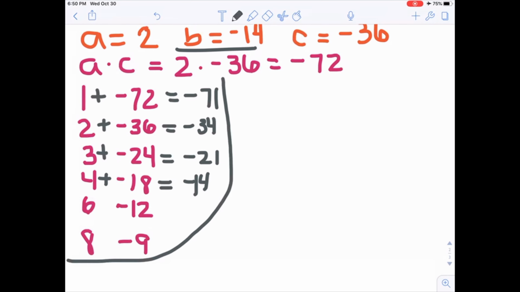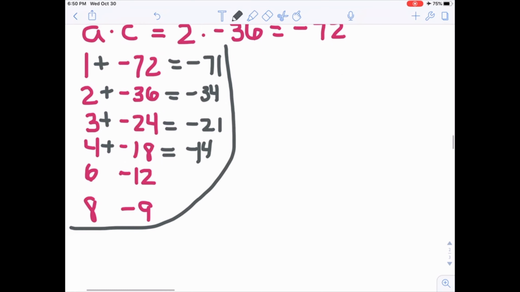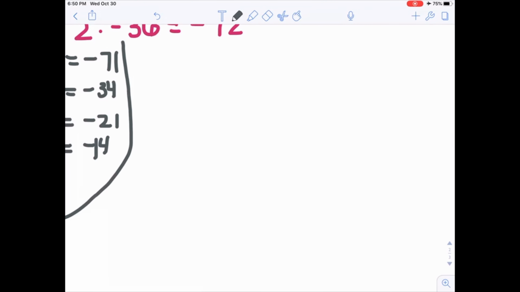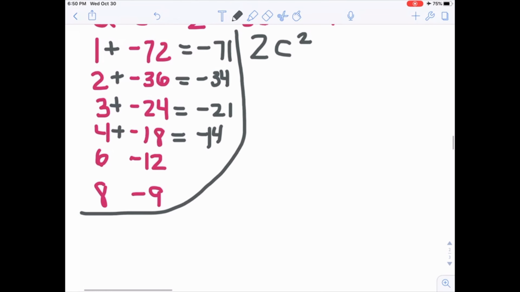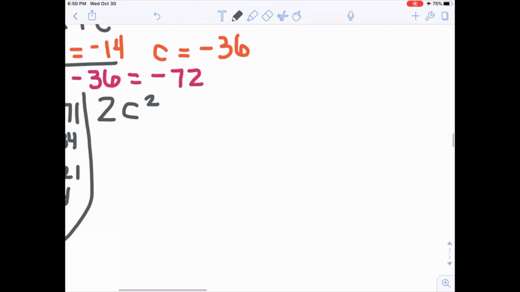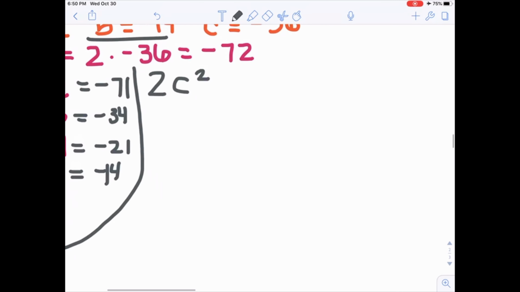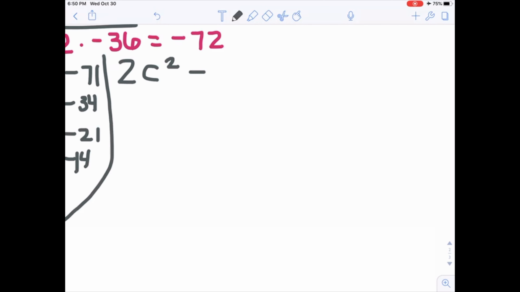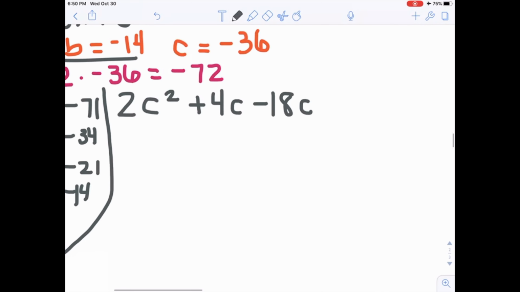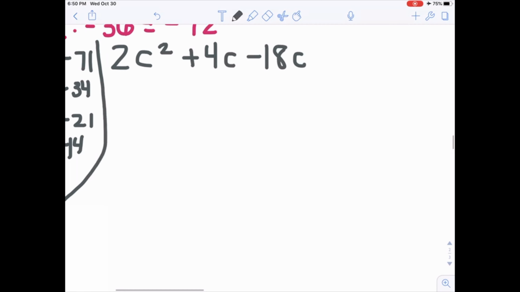So we have 2c squared. Then we're going to use 4 and negative 18. So we're going to have plus 4c minus 18c minus 36.